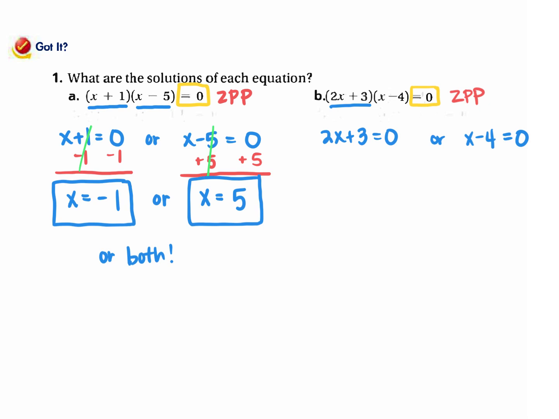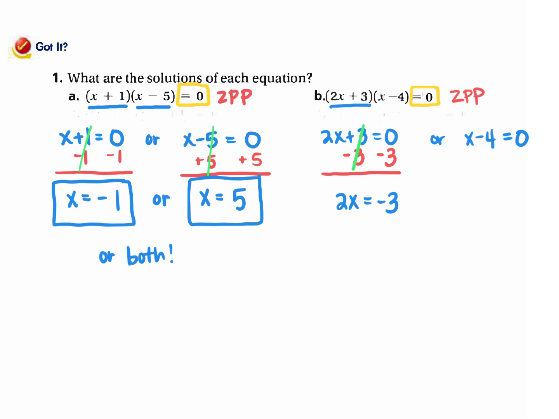So then you're ready to solve, and you want to subtract 3. Subtracting 3 will cancel out the 3 on one side. And then we're left with 2x, not plain x, but 2x.